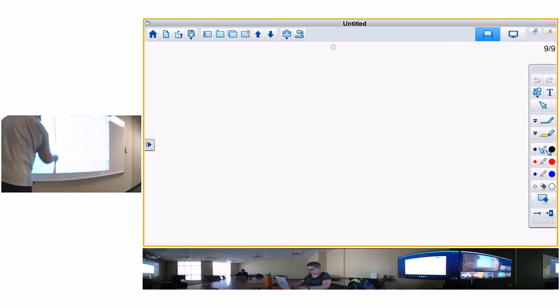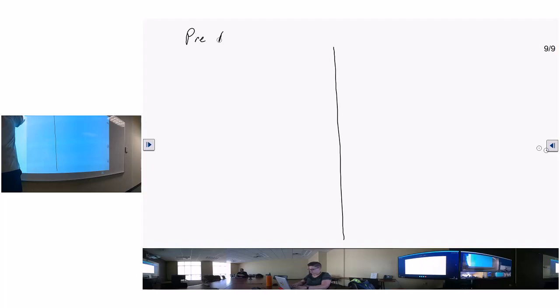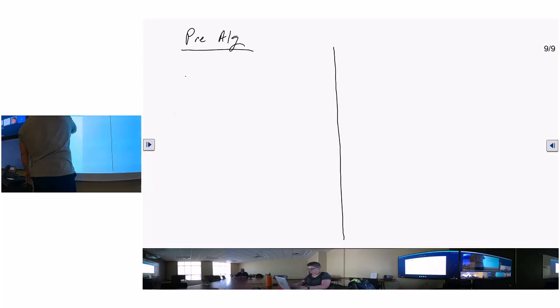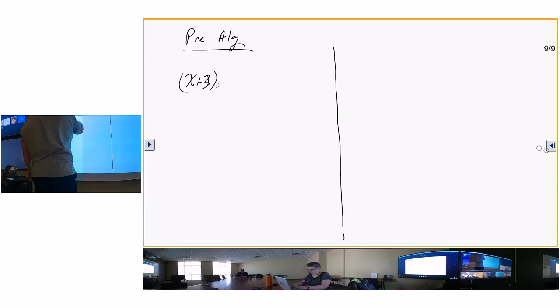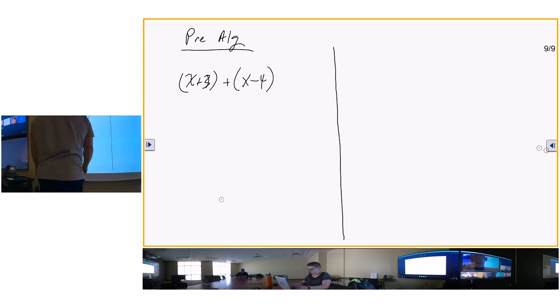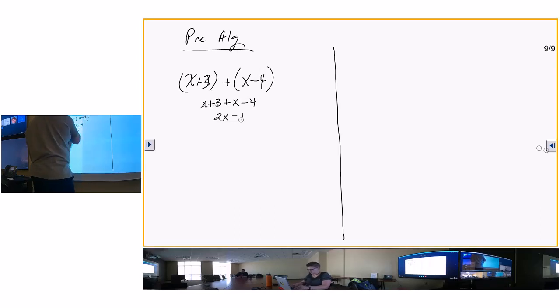Back in pre-algebra, or algebra 1 or wherever you learned it, if I told you to take x plus 3 and add it to x minus 4, you did x plus 3 plus x minus 4, and then you went x plus x is 2x, and 3 minus 4 is negative 1.